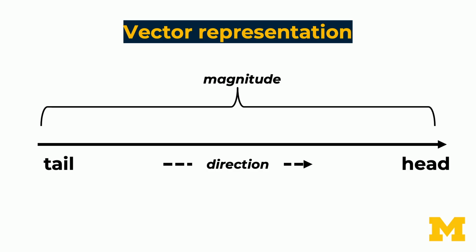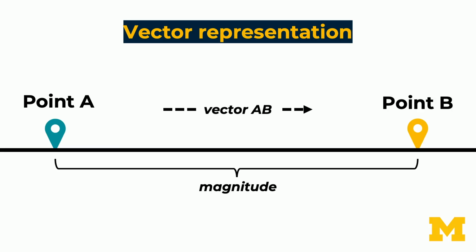Vectors are things that have both a magnitude and a direction. So if a car is driving from point A to point B at a certain speed, then we say that its vector is AB, and its magnitude might be something like 4 miles.